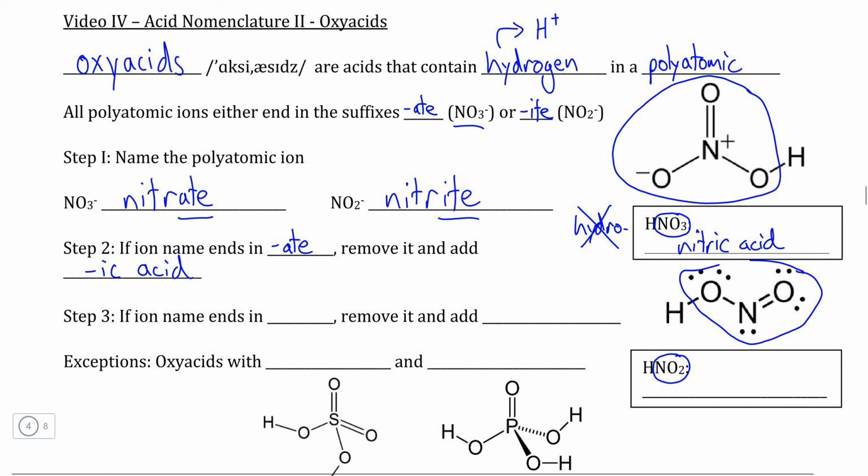Now, if our polyatomic ion ends in the suffix ite, we follow a similar process. So we start with the name of the polyatomic ion, nitrite, NO2, and we remove the suffix, but this time we're going to replace it, instead of with ic acid, with ous acid.